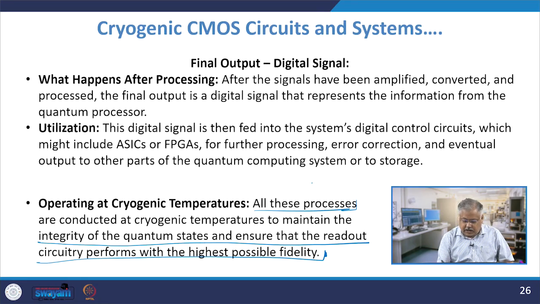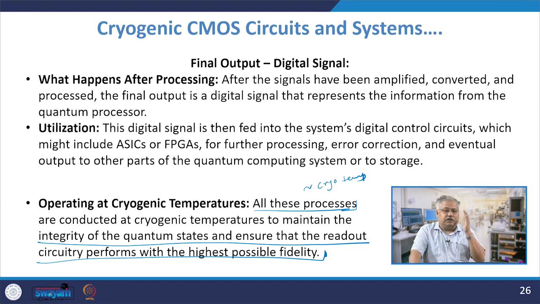Now, all these processes are conducted at cryogenic temperatures, and you need to ensure that the readout circuits perform with the highest fidelity. Fidelity primarily means that there is a one-to-one correspondence between the signal given to the system to read it and the output which you get from the cryogenic systems.